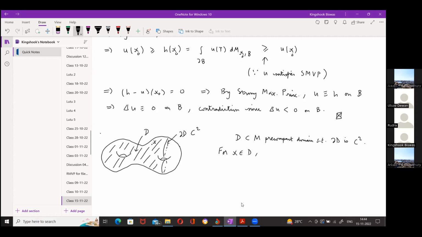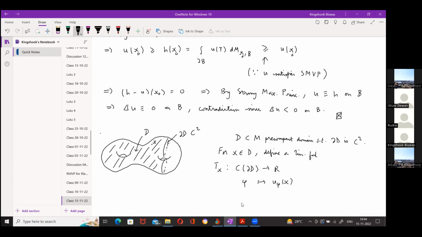we do what we did earlier for geodesic balls: define a linear functional T sub X from the Banach space of continuous functions on boundary D to R, phi goes to U sub phi of X, where U sub phi is the unique solution of the Dirichlet problem with boundary value phi.